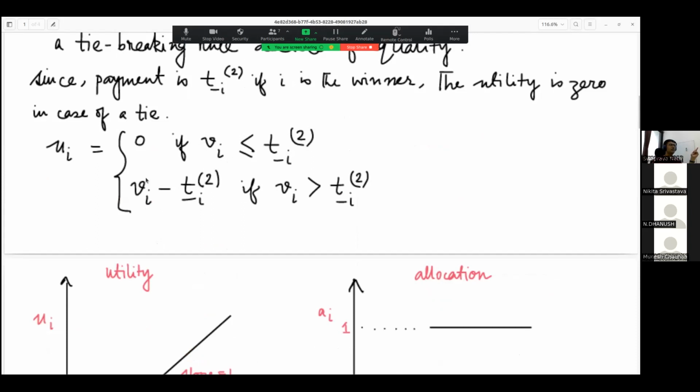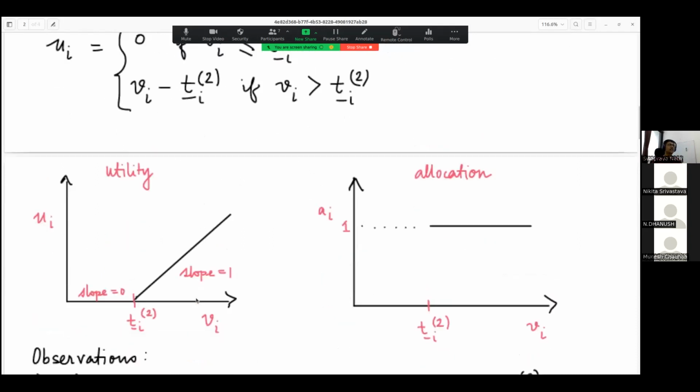And after that, if you increase bi, it increases in a linear way with a slope of 1. And if you look at the corresponding allocation, it is just the derivative of the corresponding utility. That is exactly what we have discussed in the video lectures. Of course, you cannot define that derivative at this point because it is undefined.